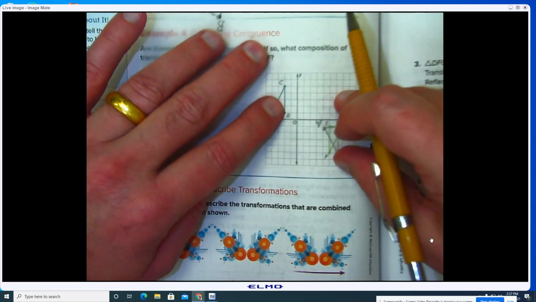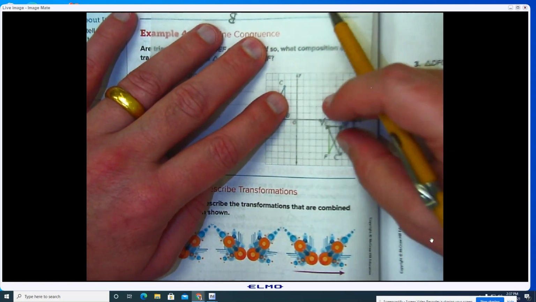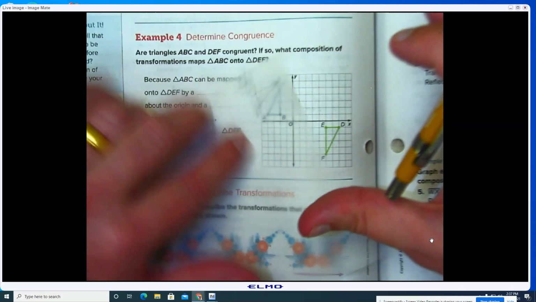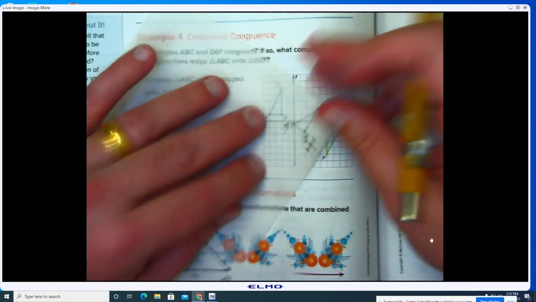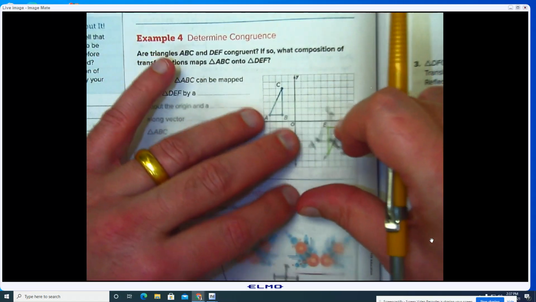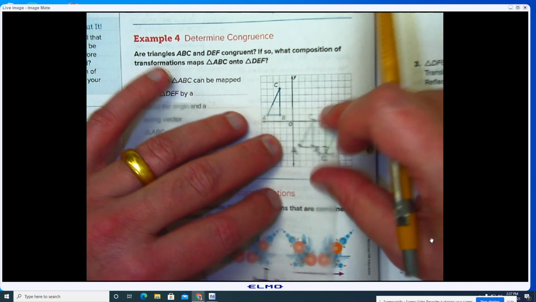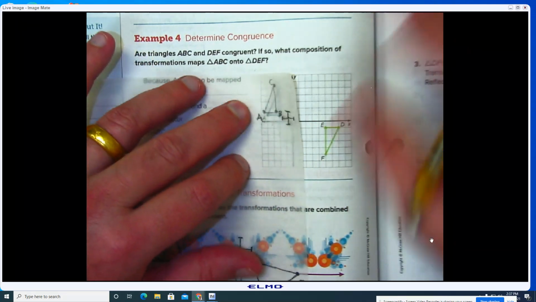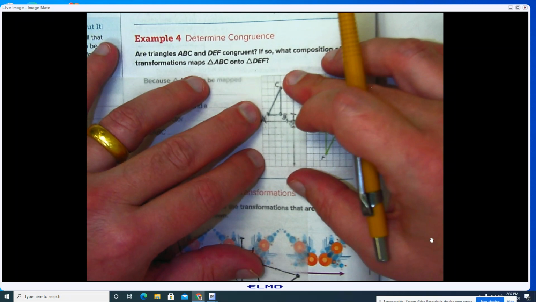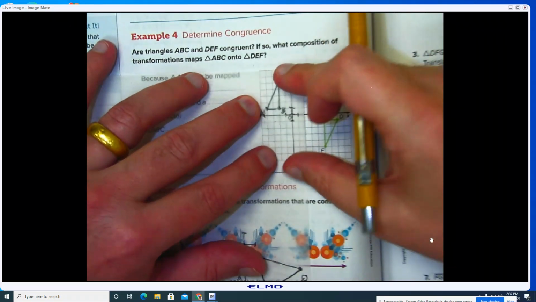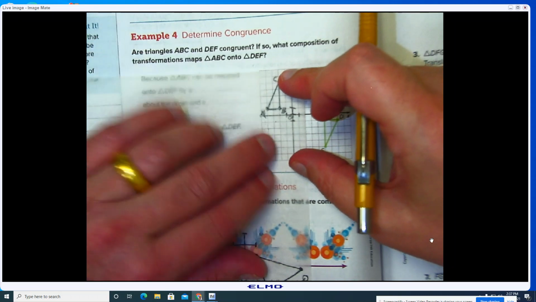There's no way I can map it on top of the other one if I flip it over. That means I know there are no reflections going on here. Can I map it if I just move it over here? No, I can't do that either. So it's a little bit of experimenting. So that means what do I need to do? I like to get the rotation out of the way first.